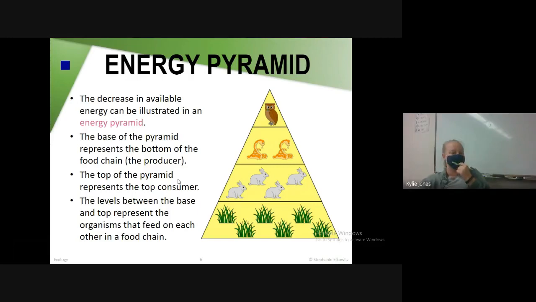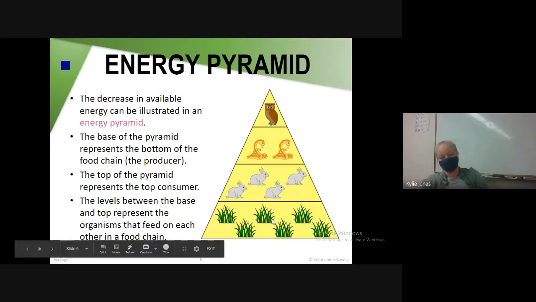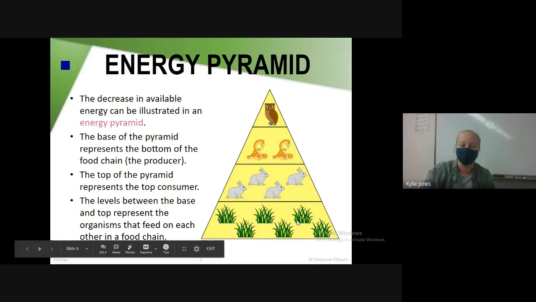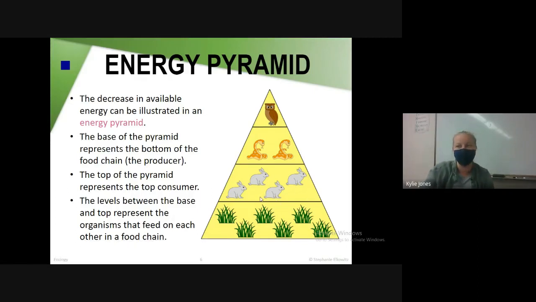The levels between the base and the top represent the organisms that feed on each other in the food chain. So the plants at the bottom get eaten by the rabbits on the second level. The rabbits get eaten by the snakes on the third level, and the owl eats the snakes from the third level. So you can show it in a pyramid, you can show it with arrows. There's lots of ways to do these food chains.